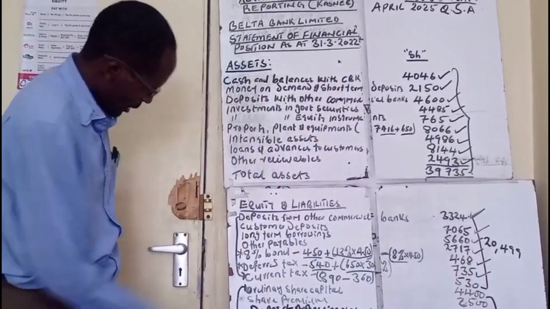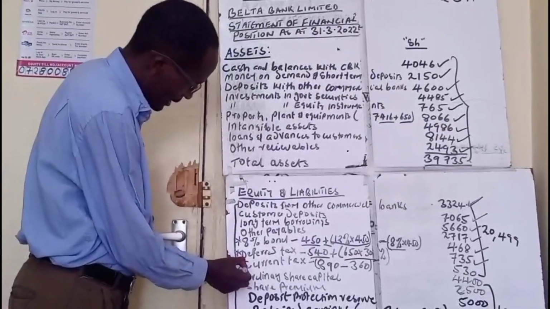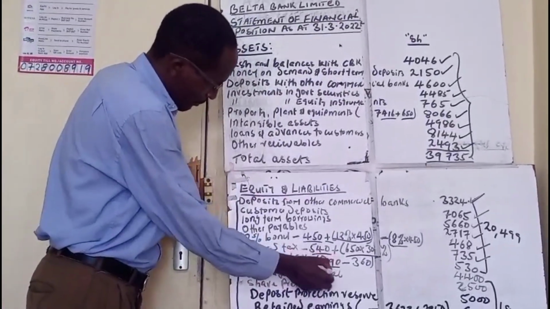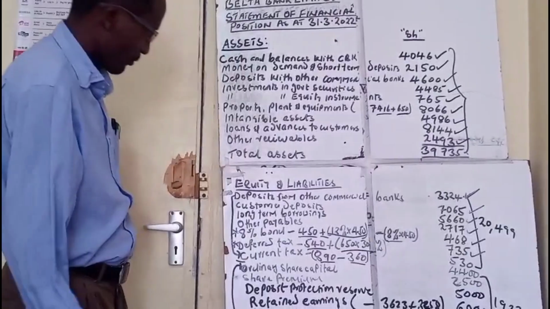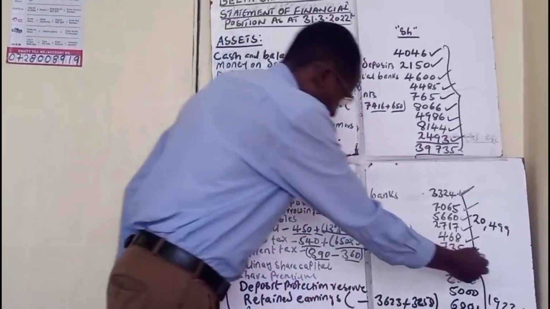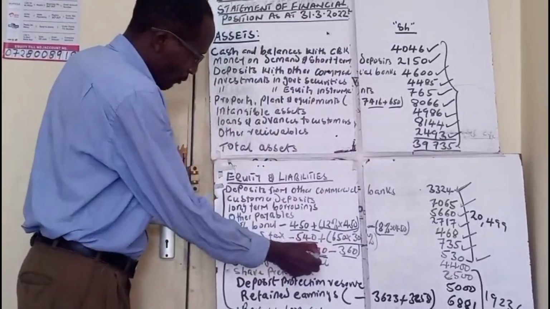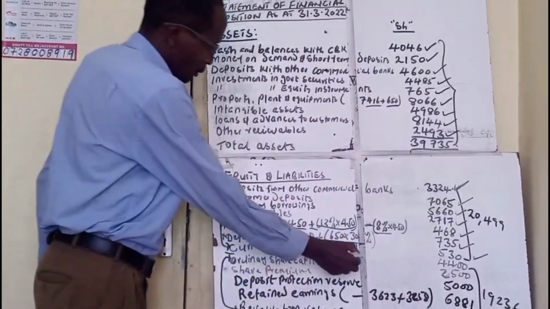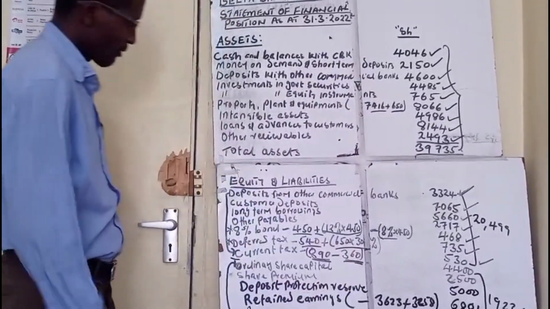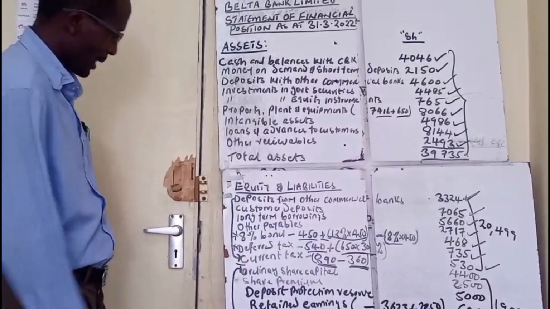Then that is deferred tax. Current tax, 870 minus 560, we got 530. Now this one you find in the additional information. This one you get in the draft statement given by the examiner.